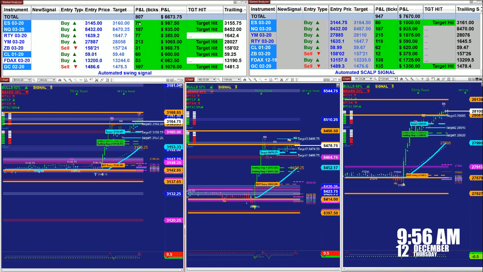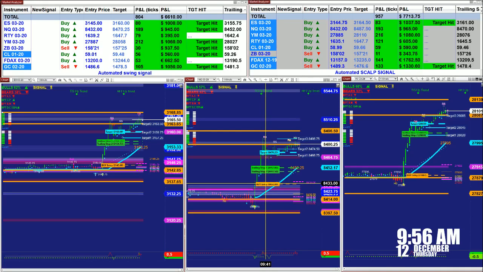We nailed 79 ticks. The second example, NASDAQ, we had 80 ticks based on the last entry signal, not the whole day. NASDAQ buy at 8432, target 8470.25, target hit, and here is the NASDAQ. Here is your entry.